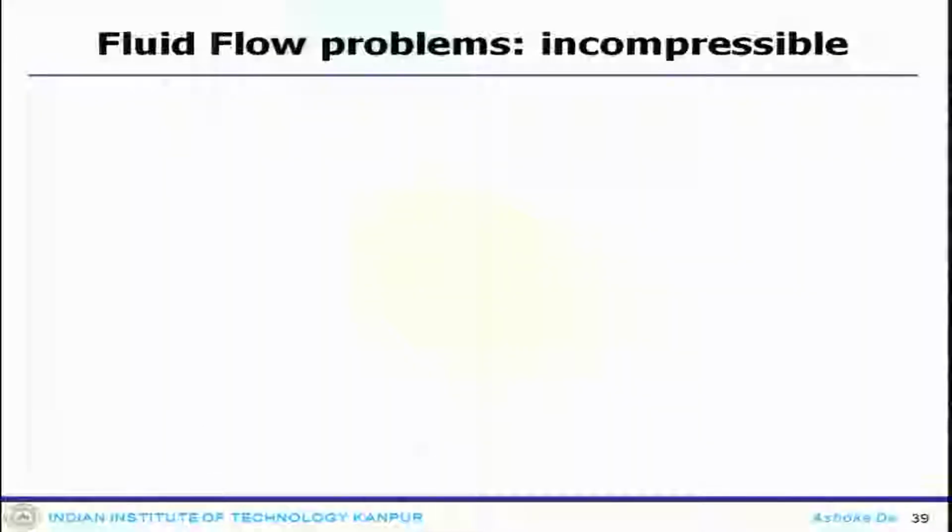So, how would the system work for the simple algorithm? Let us look at the pseudo algorithm and how it works. This is an iterative procedure to get the solution. So, how do you do that?